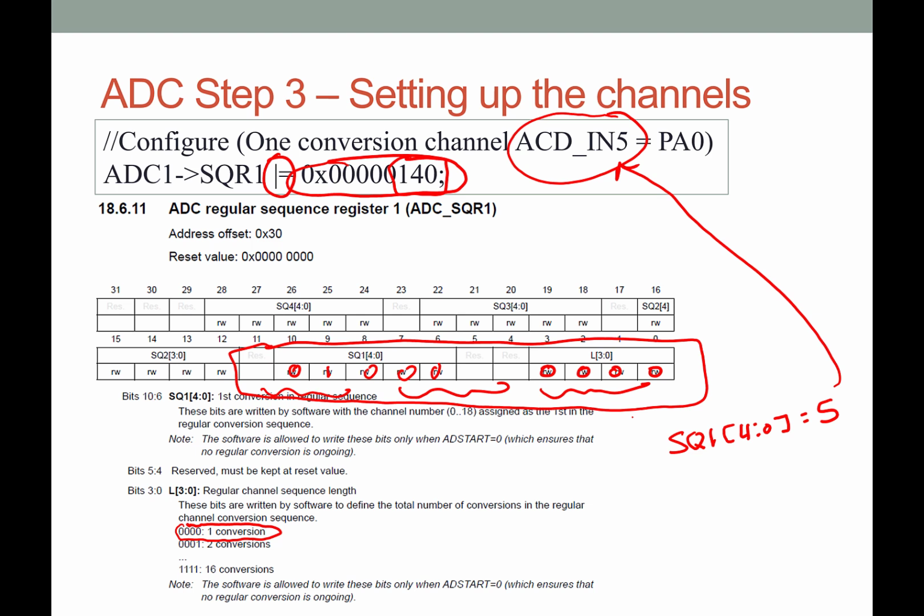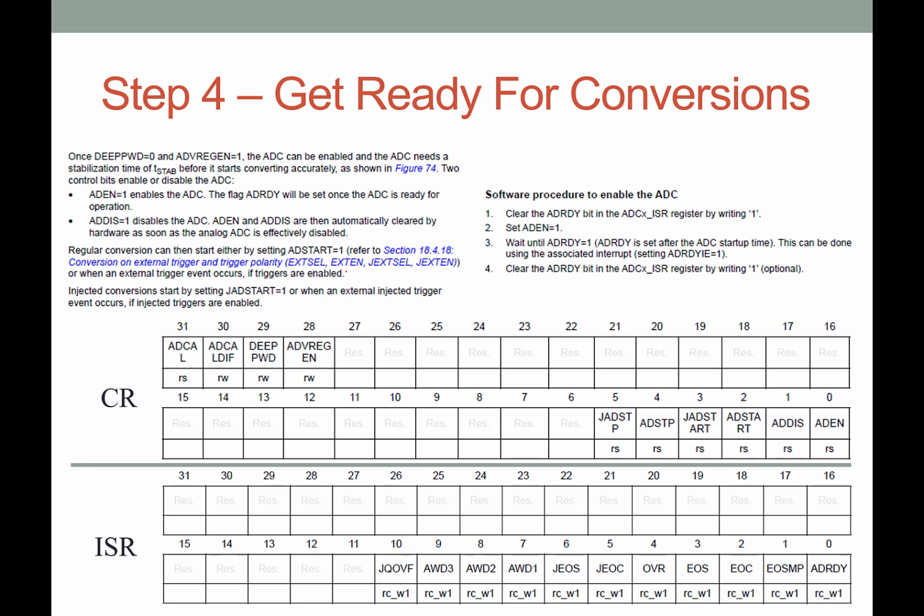So this is basically saying, how many conversions are we doing, and what channels do I need to convert. And if I do multiple channels, then I can put the other channels in SQ2, SQ3, and SQ4. So that's how you get it to choose which channel you're going to do the conversion on.